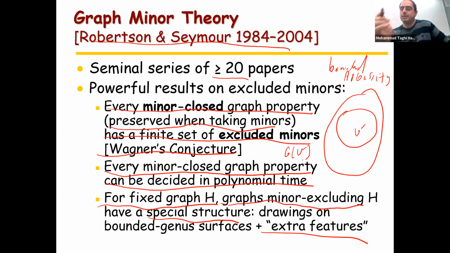That means it's bounded. So for any induced subgraph G of V prime, the average degree is bounded. Good. So that's one definition.